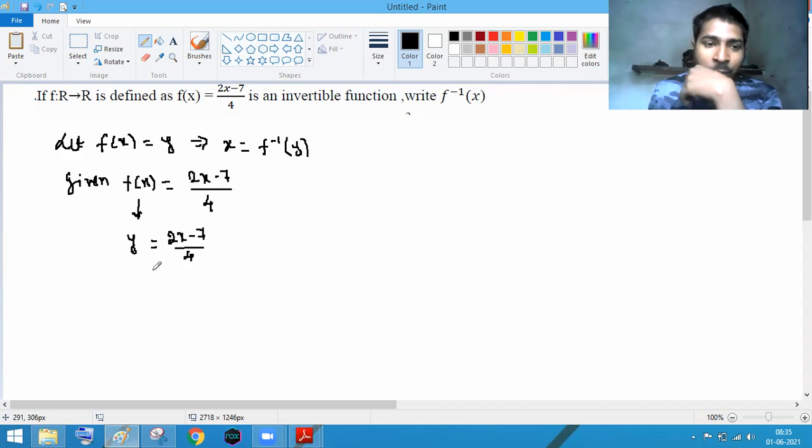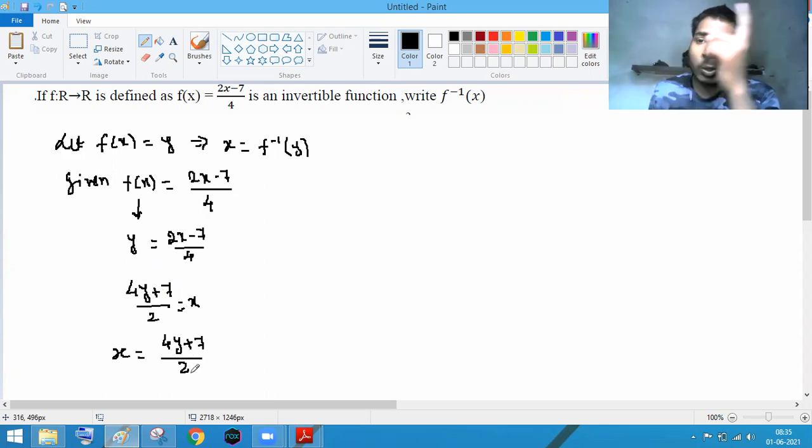So can we write this as (4y plus 7) by 2 equal to x. So we have x equal to (4y plus 7) divided by 2. But what was x? x was f inverse of y.